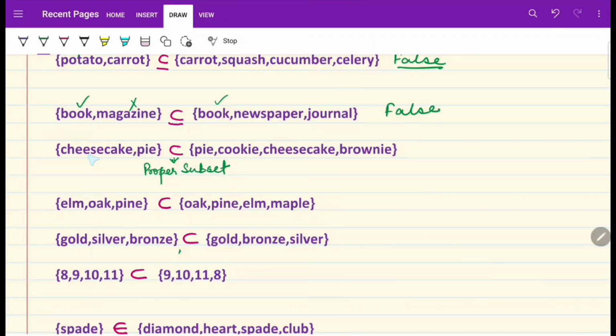So the subset here has cheesecake and pie. So it is a valid subset. It's not the entire set itself. However, let's check if the elements in the subset also belong to the set. So it has a cheesecake and the set also has a cheesecake. It has pie and so does the original set. Therefore, yes, this is a true statement. All right, it is a proper subset.